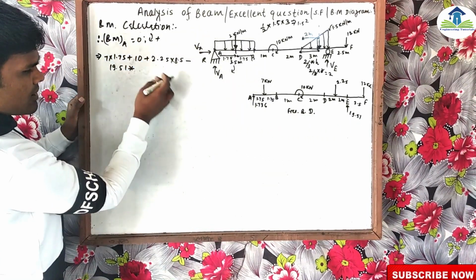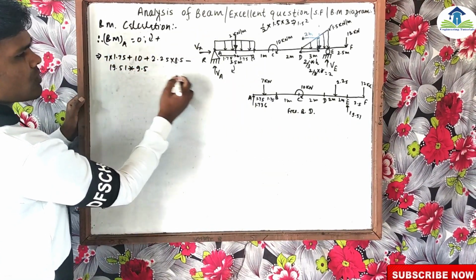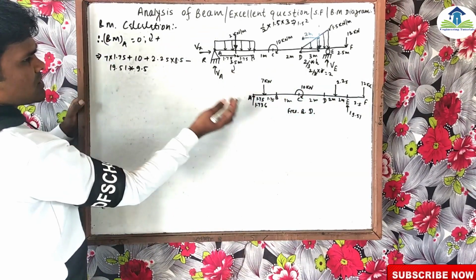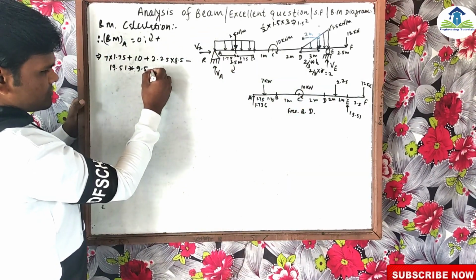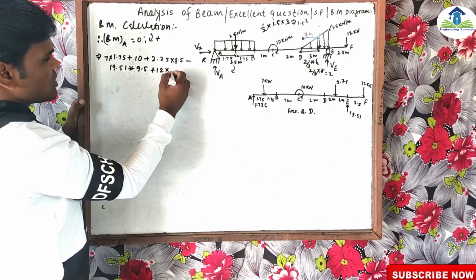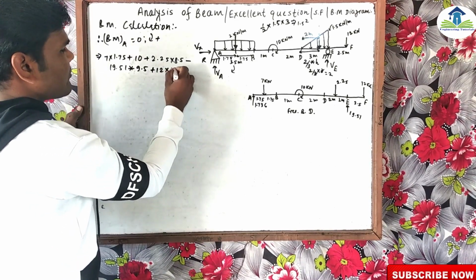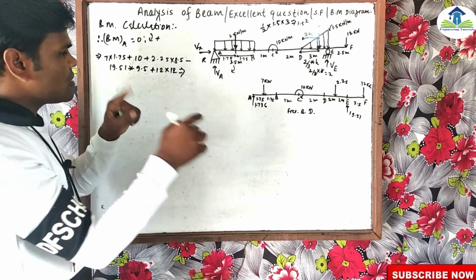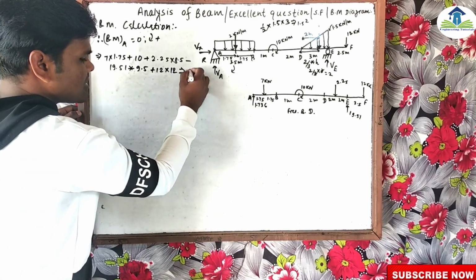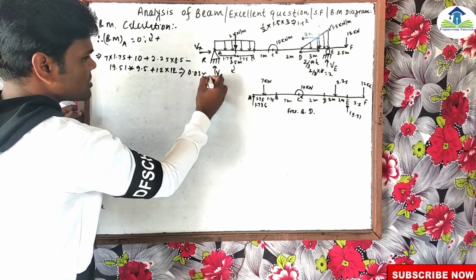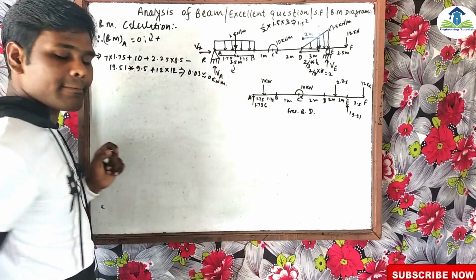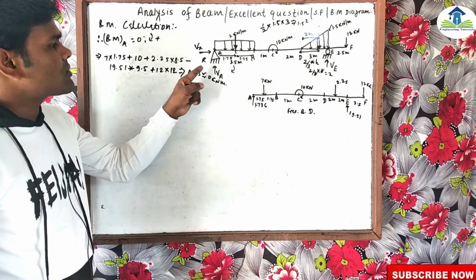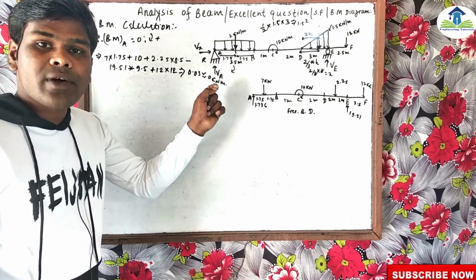And now the 12 kNm force is also a clockwise moment, so we take positive 12. If we calculate, this will be nearly 0.03, meaning total 0 kNm. We can also prove that the bending moment is 0 at point A.